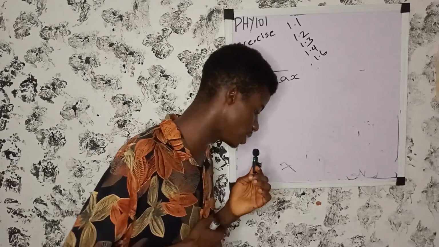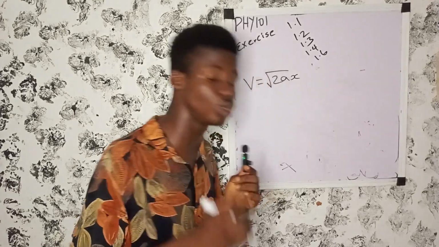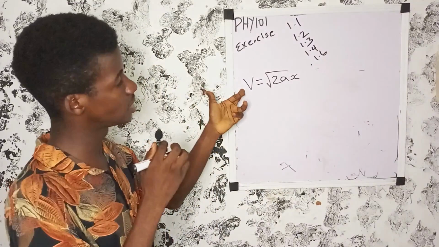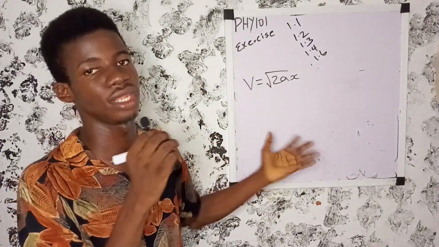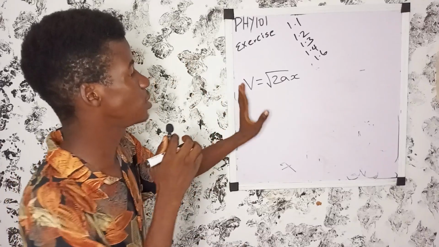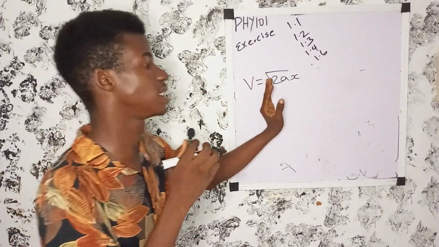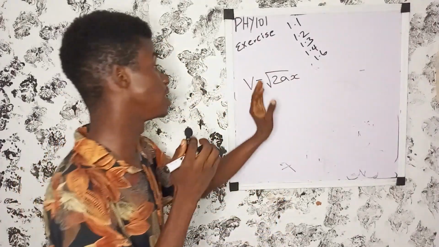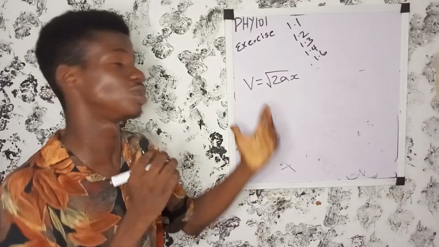Another says it is not. With whom do you agree? So is this formula dimensionally correct? How do you know if it's correct? The dimension in this place will also be the same as the dimension in this place. If the dimension in this place is not equal to this one, we know that this equation is not correct.